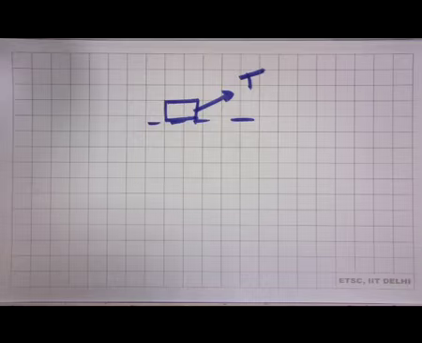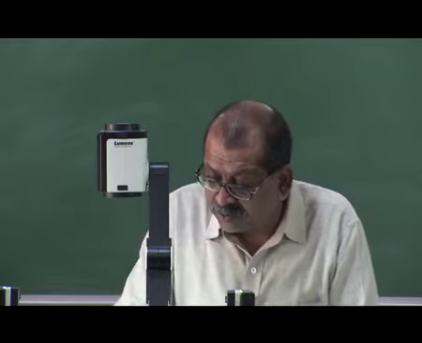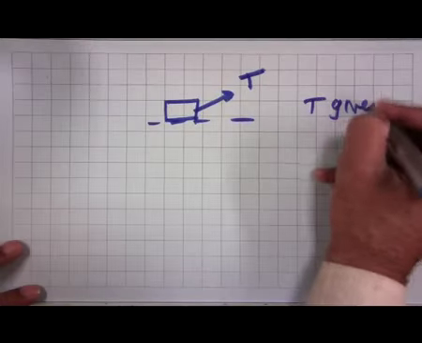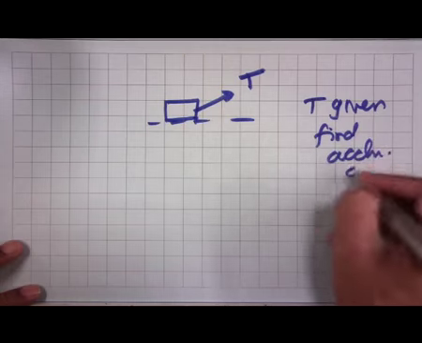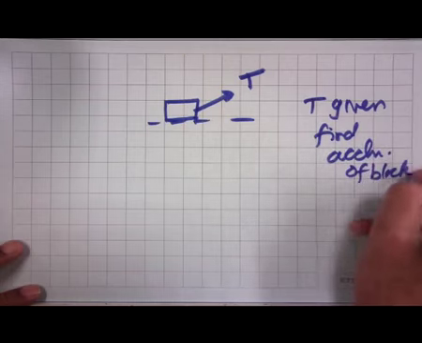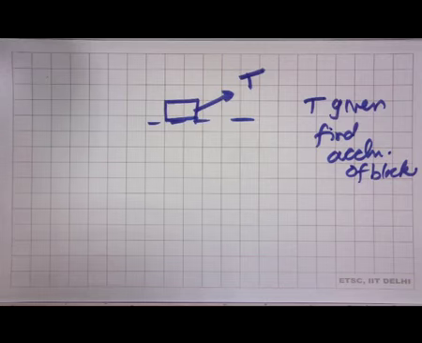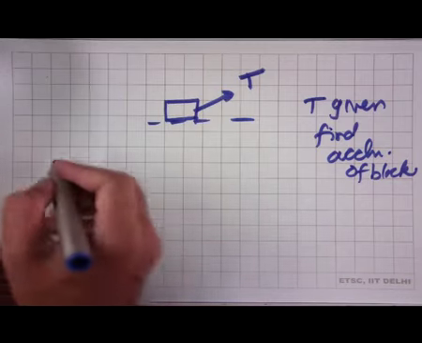So, let us say suppose the tension T is given and we want to find the acceleration of the block. Here what we will do is we draw the free body diagram.